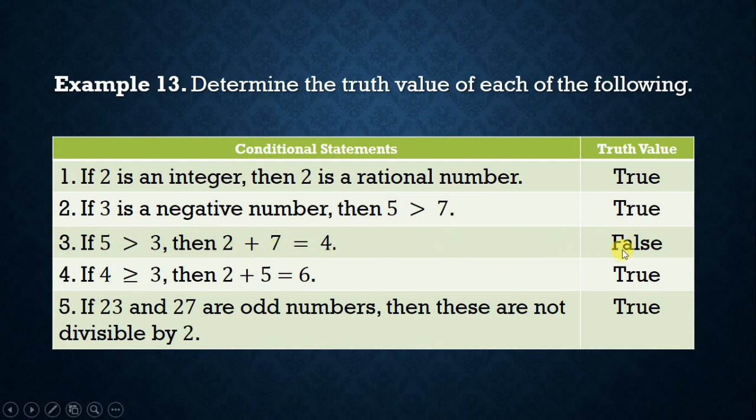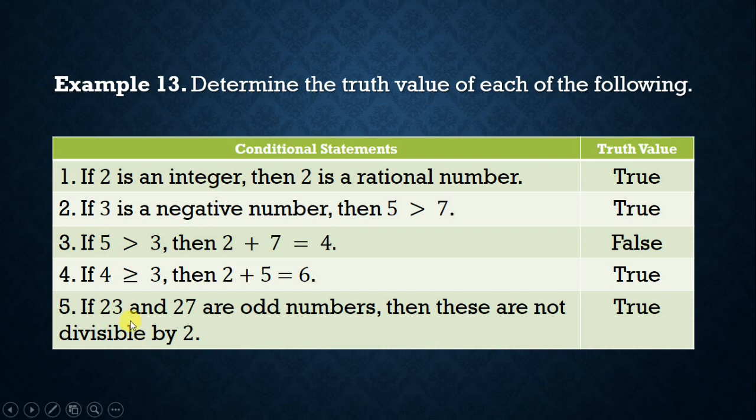So the truth value is false. Number 4: if 4 is greater than or equal to 3, then 2 plus 5 equals 6. Observe that our antecedent is true, but the consequent is false. So true implies false is false.